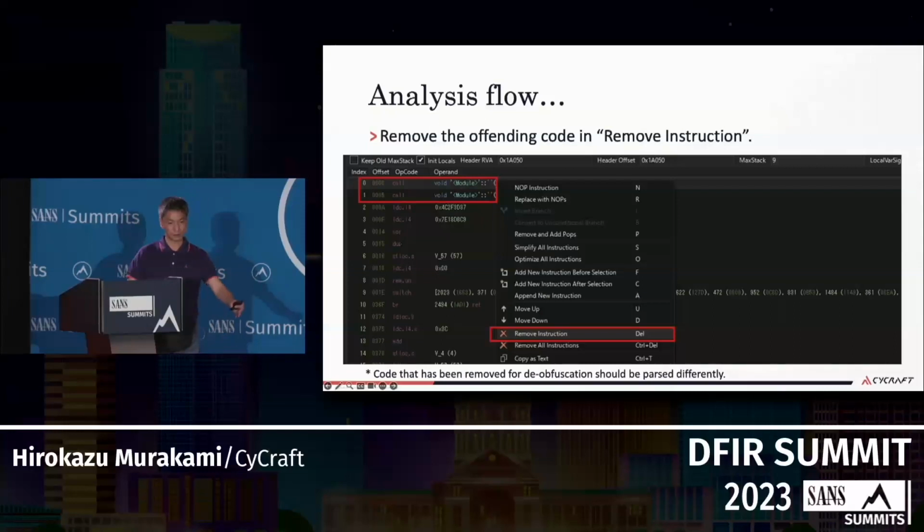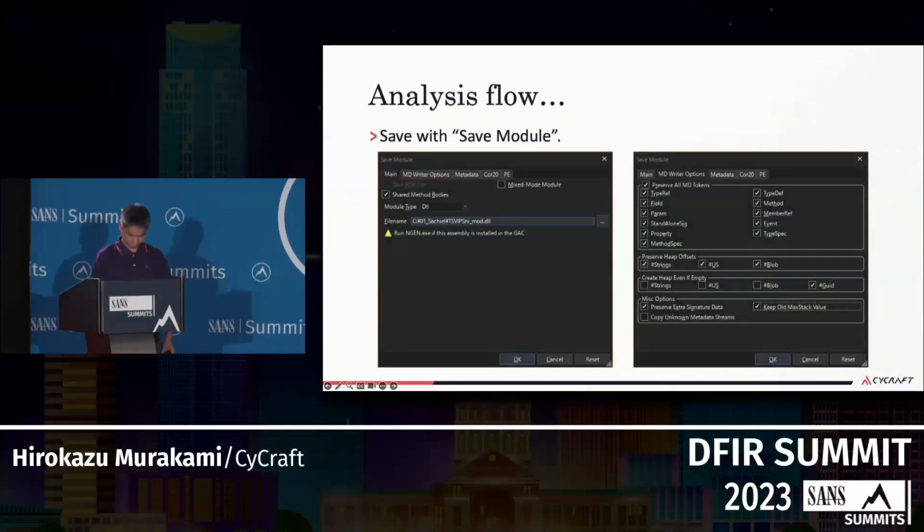Select these instructions, right-click to show the pop-up menu, and click remove instruction. Save this edited code to a file. In this case, I set the options for saving as in the snapshot. Please note these checkboxes. Some checkboxes may be set off by default.